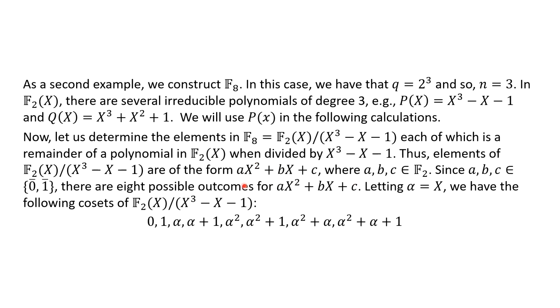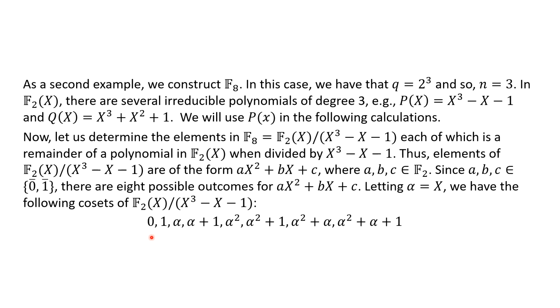In this case, we have a, b, and c in F2, and so there's 2 times 2 times 2, 8 elements in F8, which matches up with our expectations. Again, we'll let alpha equal x, and I may slip and say a sometimes. I noticed I did that before, so I mean alpha.